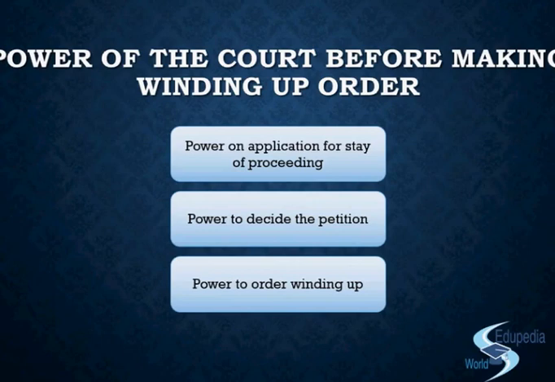The last is they will order winding up if they consider it justifiable. Not having any asset, or not having any asset after giving out the mortgage, is no cause for restricting it, right? That is all about the power of the court before making the winding up order.